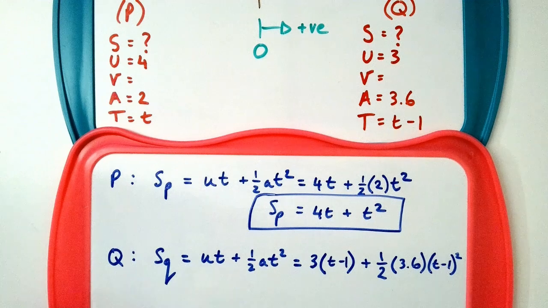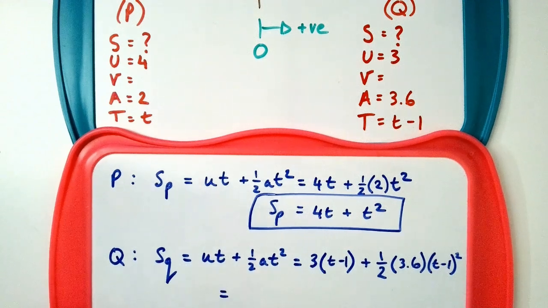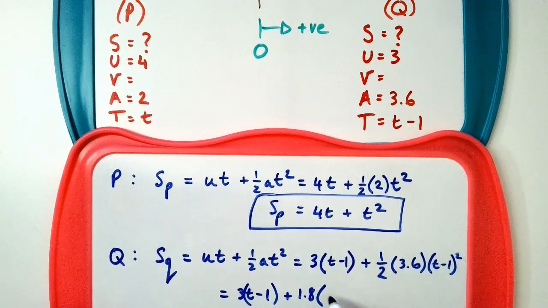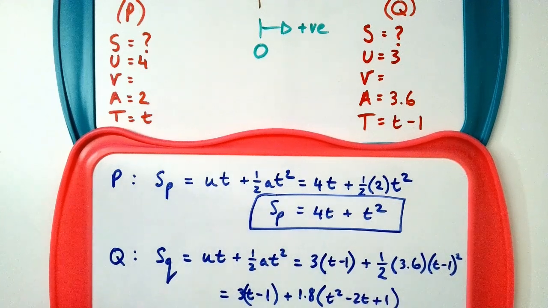So now I'm going to just simplify that. I'm going to say equals 3 brackets t minus 1 plus 1.8 brackets t squared minus 2t plus 1, and then we can even simplify that even more. 3t minus 3 plus 1.8t squared minus 3.6t plus 1.8.